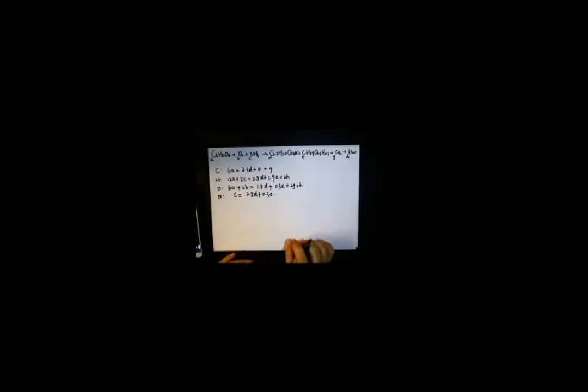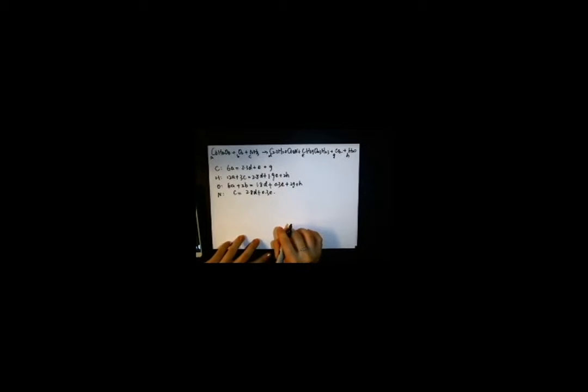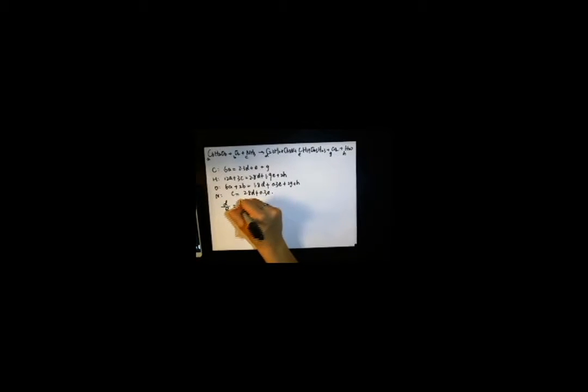And then we have two pieces of information, which are D over E is 1 over 5, and G over D is 1 over 2.